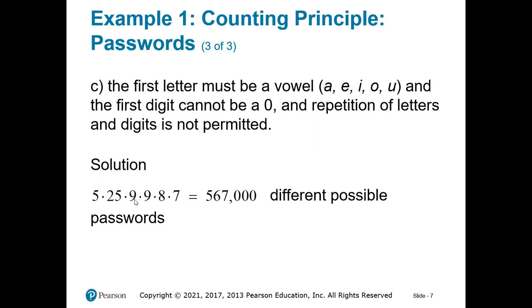The first digit cannot be 0, so I have 9 choices. The second one can be 0, can be anything except what you picked for the first one, so we're back to 9 again. Then since we are not allowed repetition, it's times 8 times 7. And this time we have 567,000 different passwords. Still a big number, but a lot fewer than the previous ones.